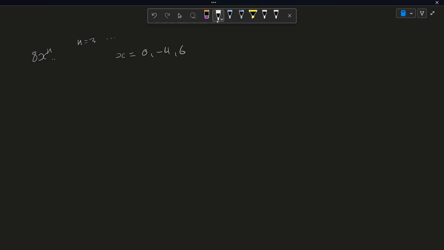Good job doing x times (x plus 4)(x minus 6), which is equal to x squared minus 2x minus 24, times x, and gives us x cubed minus 2x squared minus 24x.